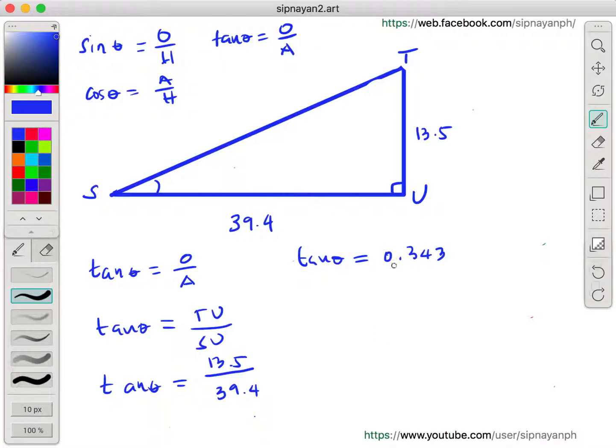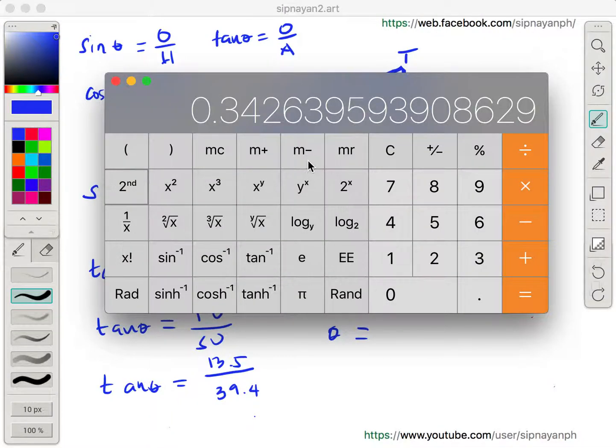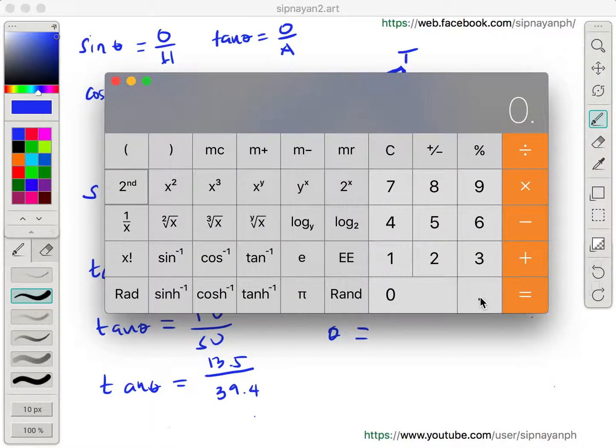Now, ano ibig sabihin nito na number na yan? Remember, we are looking for theta and this is tangent theta. So, para makuha natin yung theta, kunin natin yung inverse nito. So, magiging inverse tangent of 0.343. At paano yan kinukuha pagdating sa calculator? Gawin na natin 0.343 kasi na-round off na natin.